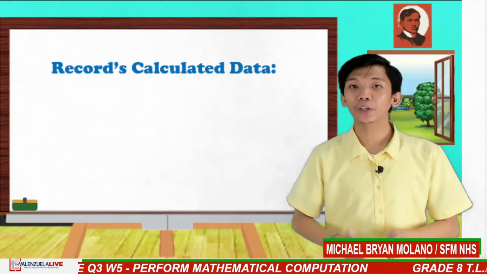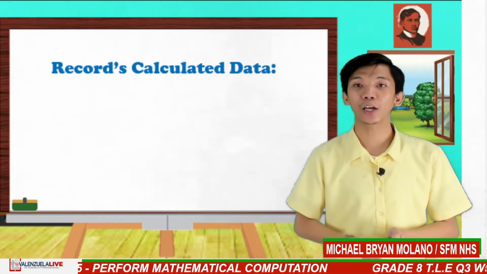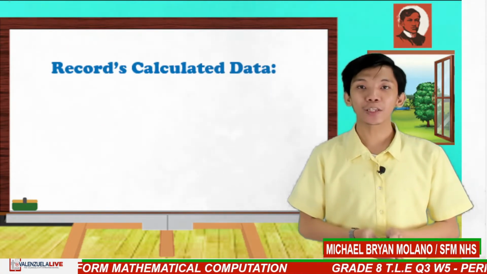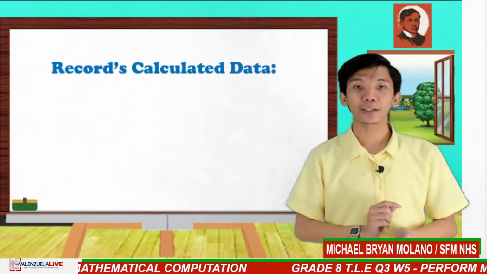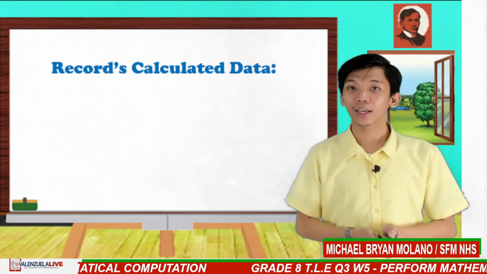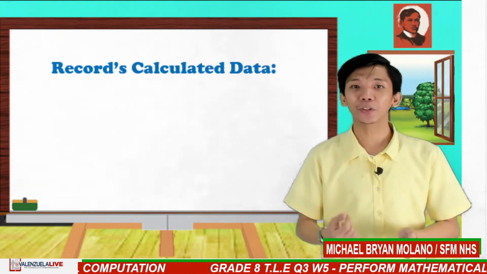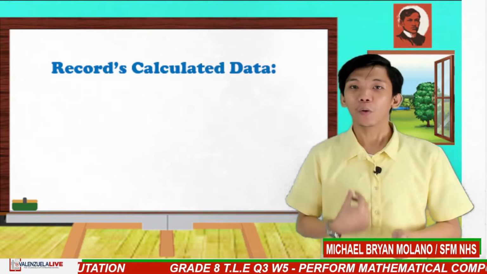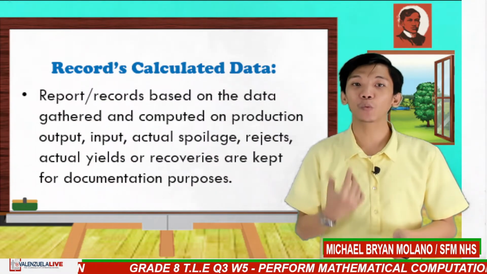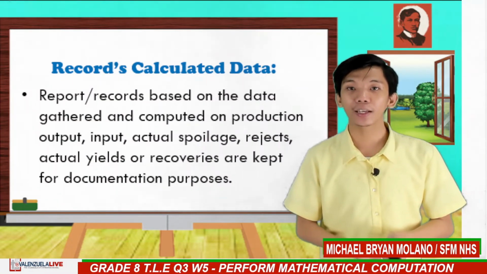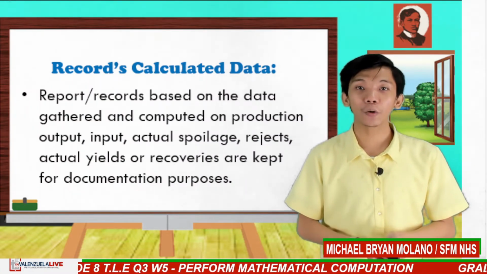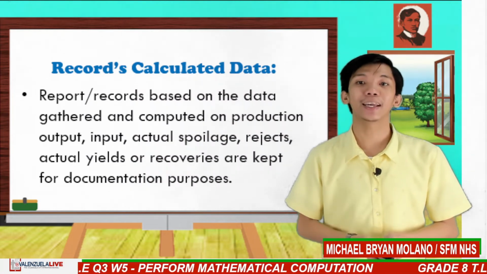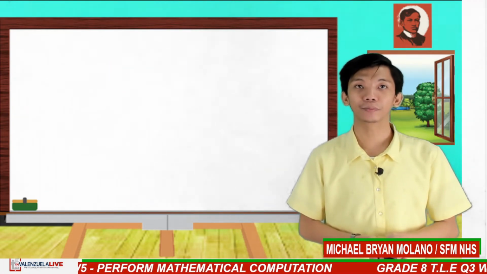We should also monitor the data in production output, input, actual spoilage, rejects, actual yields or recoveries, because it will keep us updated on the progress of our product. We need to determine if we are not wasting raw materials and resources, and if we are going to meet the goals in the production output.